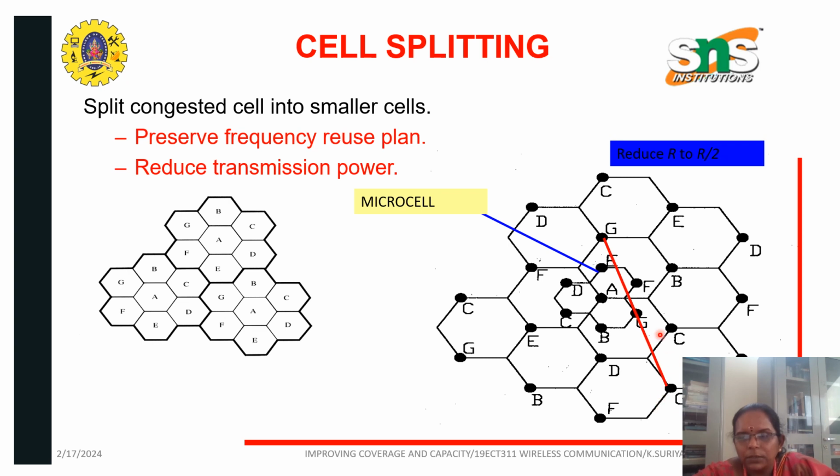And also, since the cell size is getting reduced, the transmission power of the antennas used in the small cells will be reduced. So here you'll be having different cell sizes and different transmission power of the antennas. Here the cell size is reduced from R to R by 2, where R is the radius of the cell.